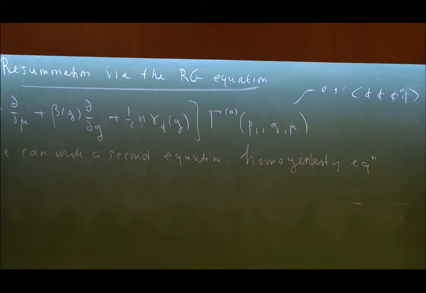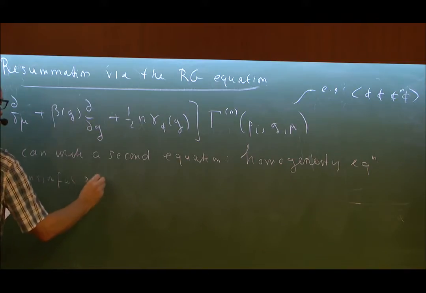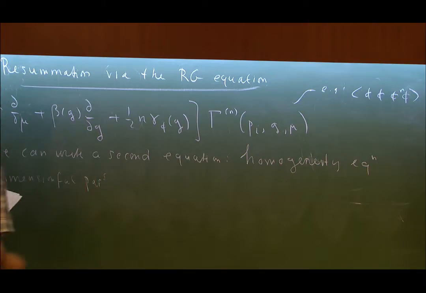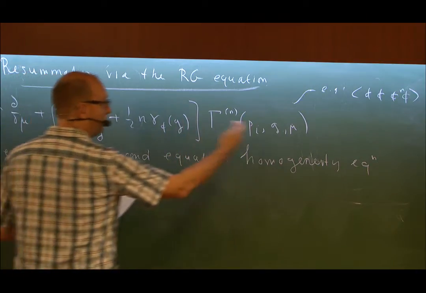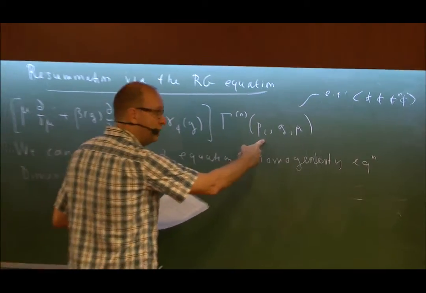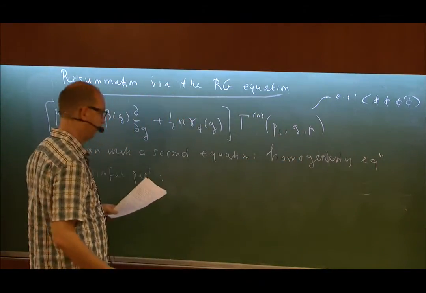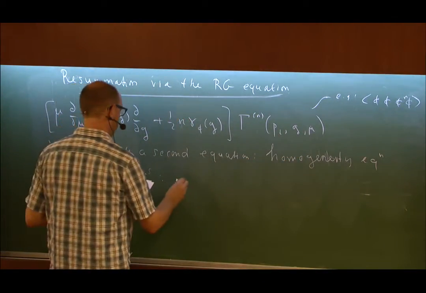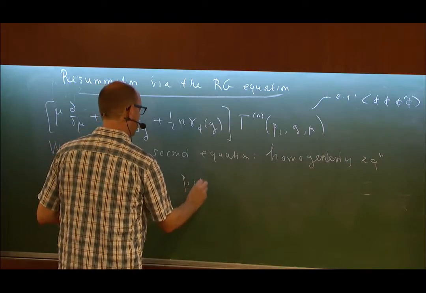And that one we derive as follows. So the dimensionful parameters in such a Green's function are the momenta and the scale. So are the p_i and mu.